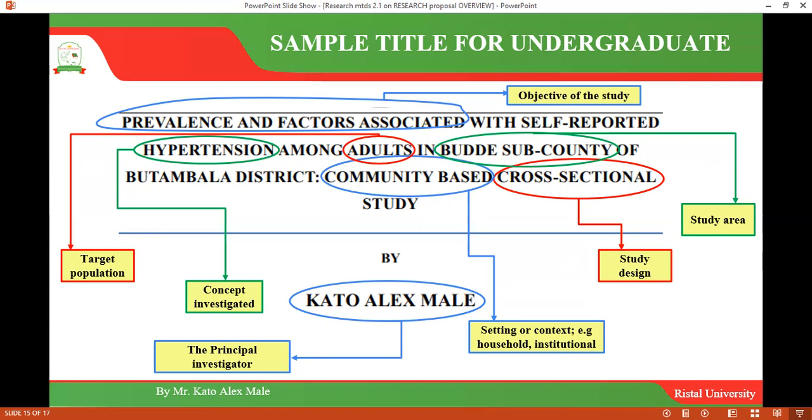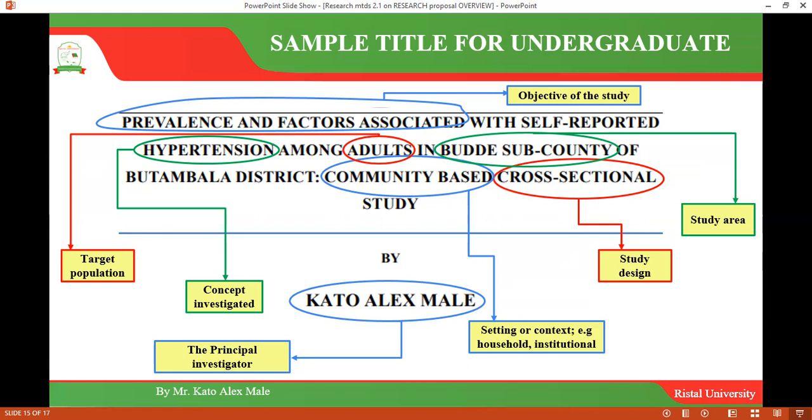It is also very important. Community-based is the setting or the context of the study. A setting or a context can be institutional, household, or community-based, like in this study. And then cross-sectional is the study design.